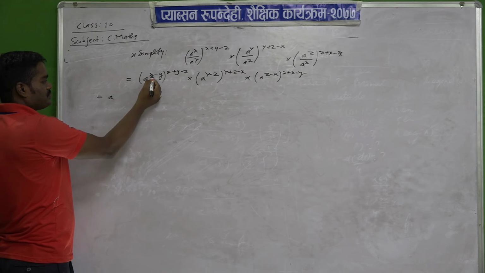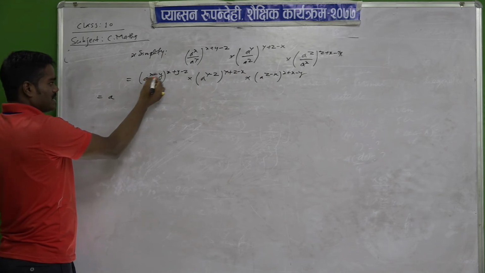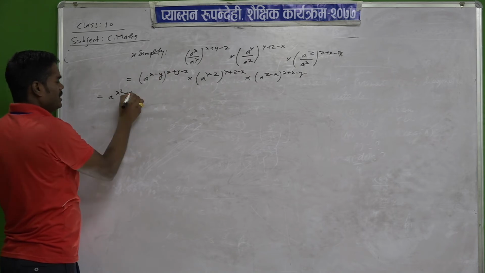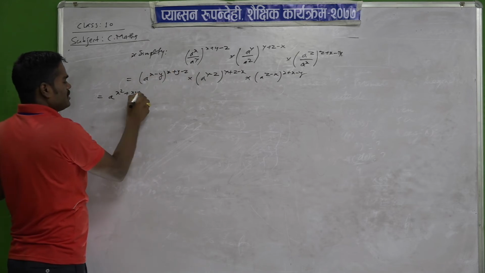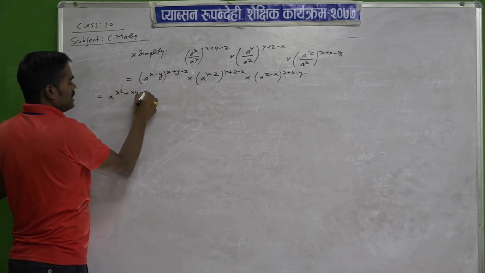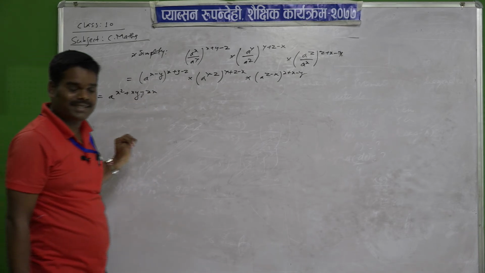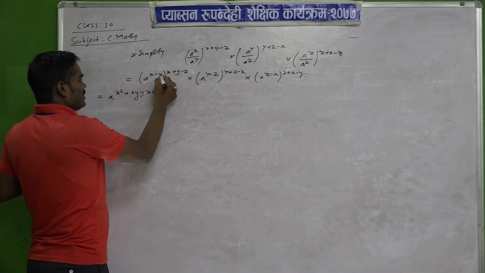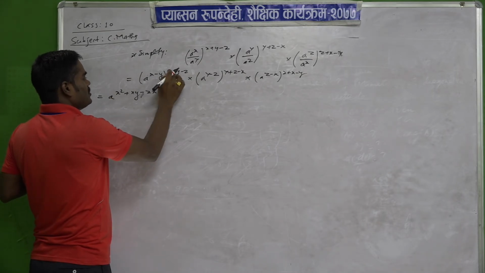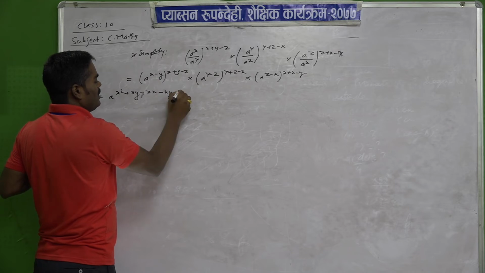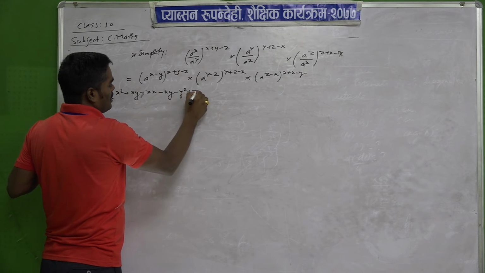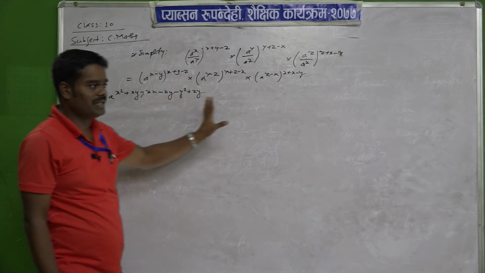So a power, plus into plus, plus x into x, x square, plus into plus, plus x into y, xy, plus into minus, minus x into z, zx, and then minus into plus, minus y into x, xy, minus into plus, minus y into y, y square, minus into minus, plus y into z, zy. Like this we have to very sincerely multiply.